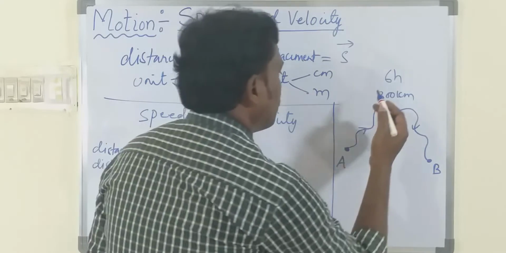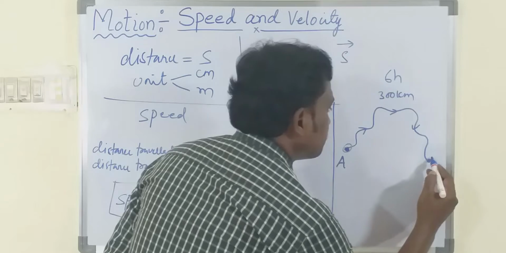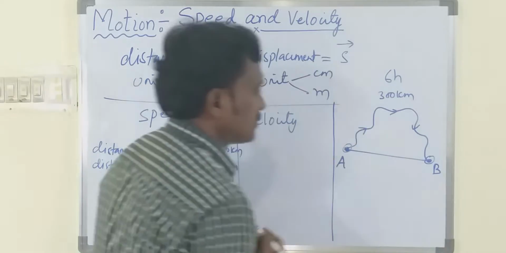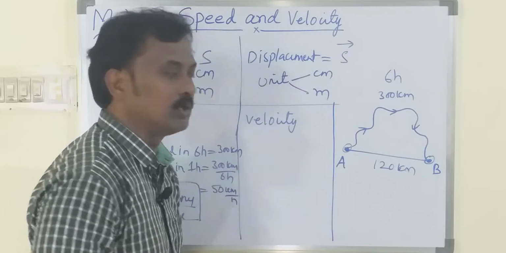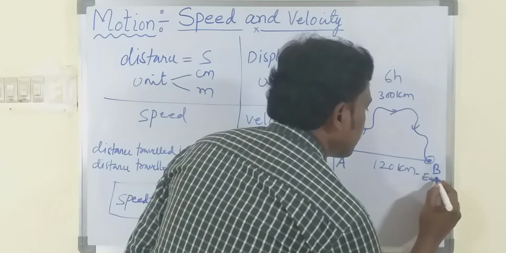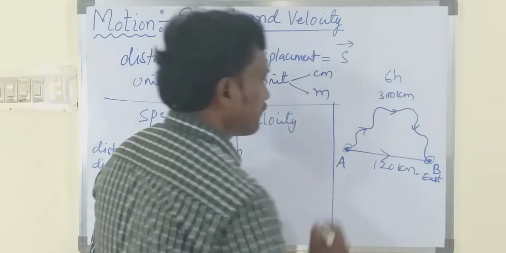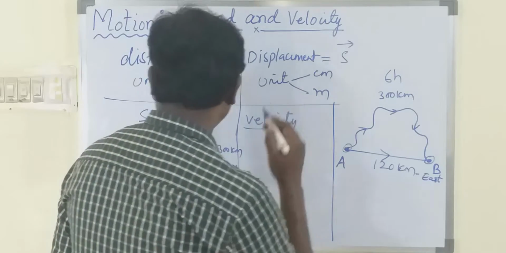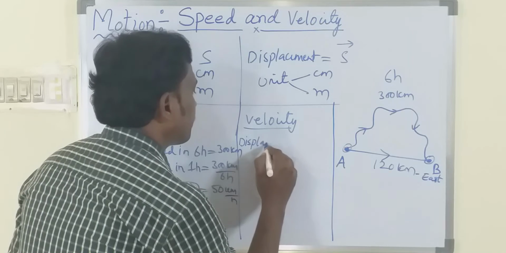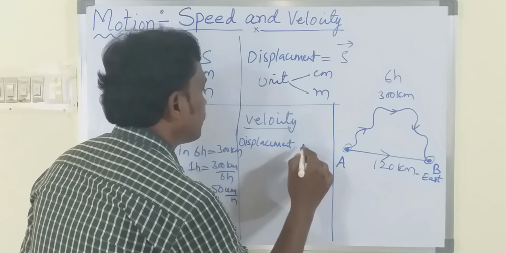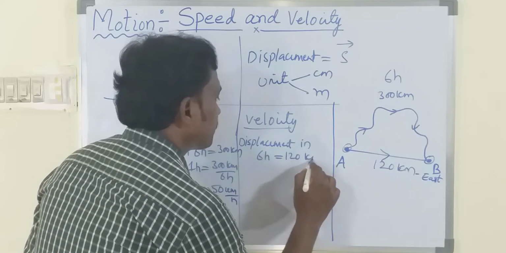Now, when we look at the displacement, what is displacement here? The shortest distance between the initial and final point, that is this. And let me say it is around 120 kilometers, 120 kilometers east, and it has a direction, that is east. Okay. Now, coming to velocity, displacement in 6 hours is 120 kilometers.